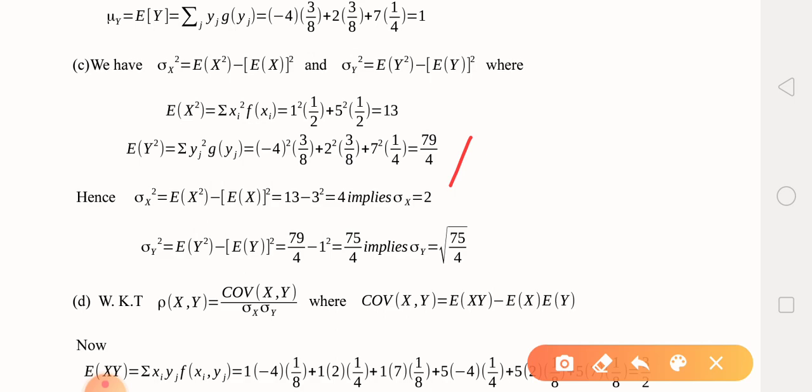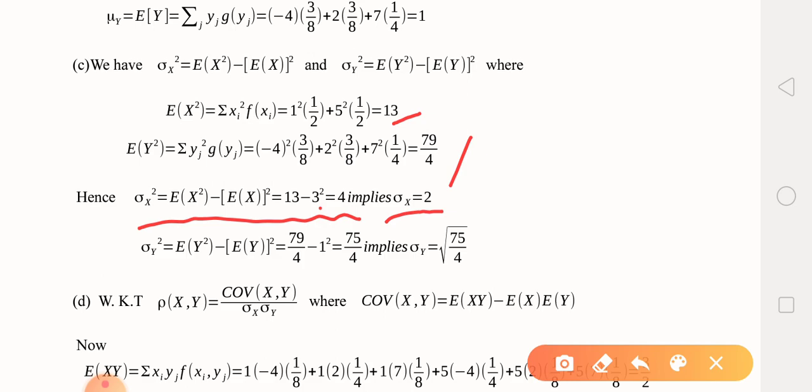So we have variance of x equal to expectation of x square, which is 13, minus expectation of x, which is 3, its square is 9, equal to 4. So variance equal to 4 implies standard deviation equal to 2.